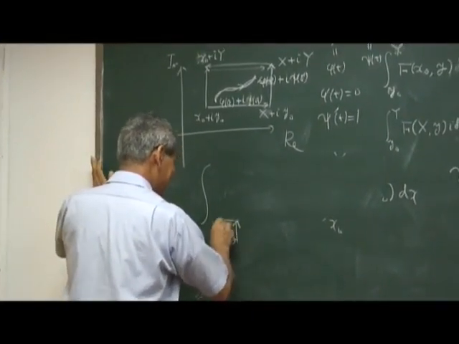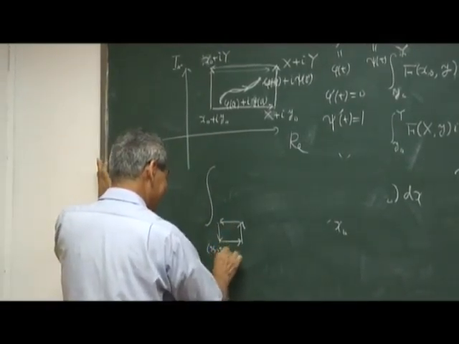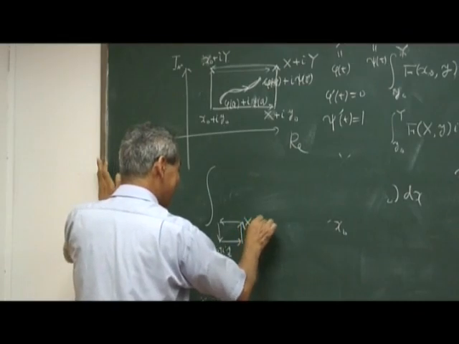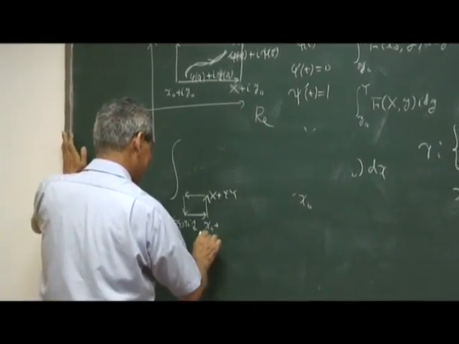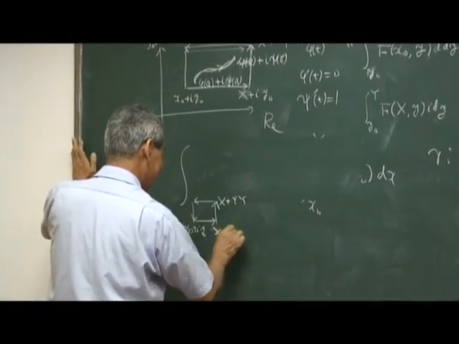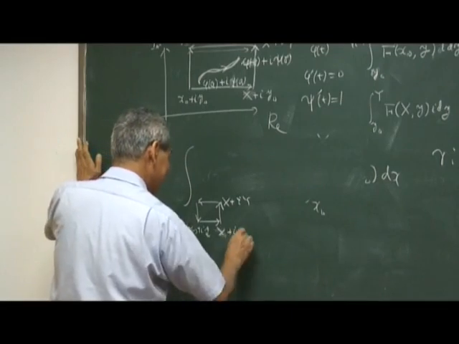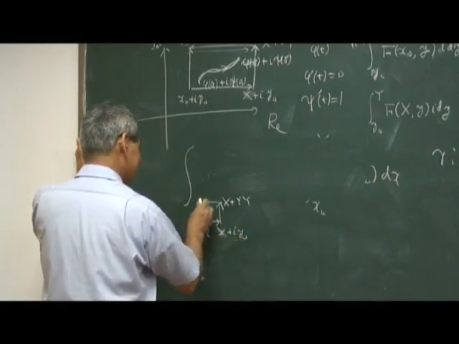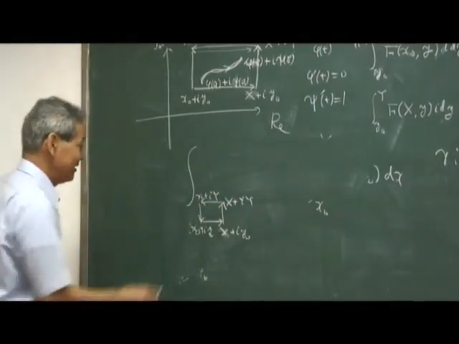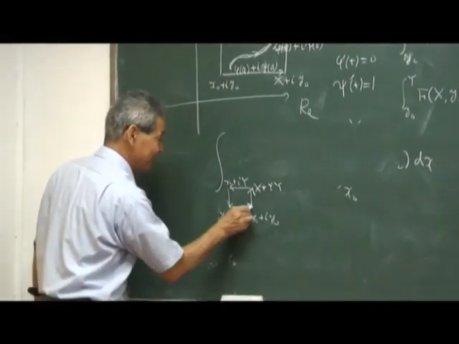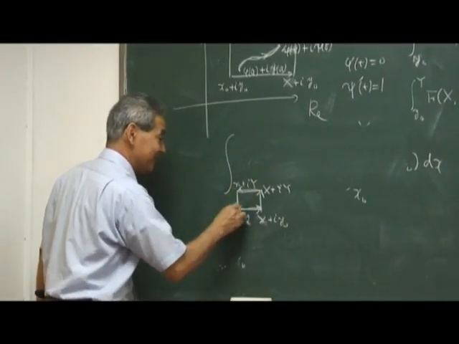So it's a very bad way to explain that. x0 plus iy0, and here x plus iy0, here x0 plus iy. So just consider this rectangle, and the path going first in this direction, and this direction, and this direction, and this direction.